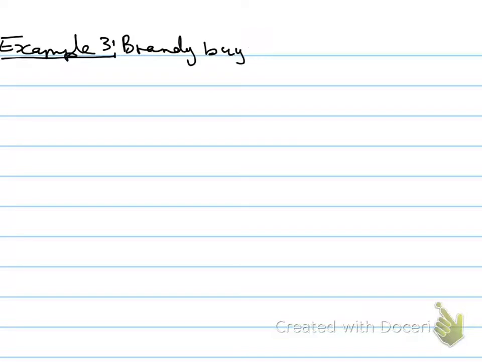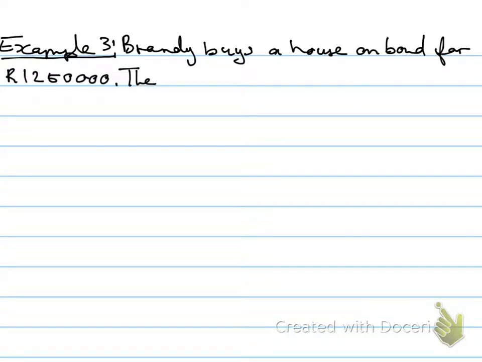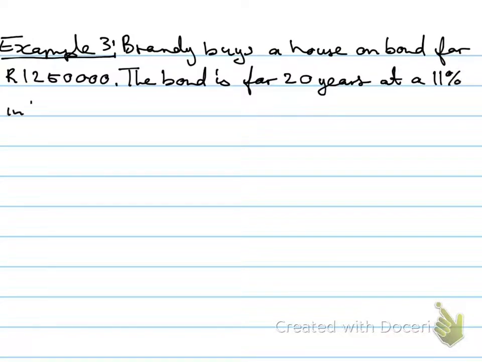Another example. They say example 3. Brandy buys a house on bond for 1,250,000. The bond is for 20 years at a 11% interest rate compounded monthly.